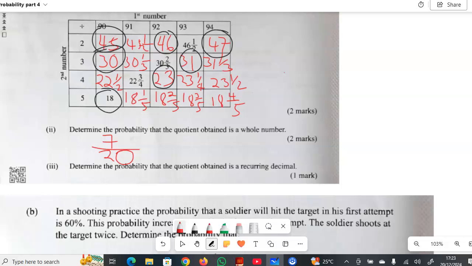Number 1 is the 30 and 1/3. Let me circle it with red. The other cases are 30 and 2/3, and then you have 31 and 1/3. Those are the 3 recurring cases we have. So the probability should be 3 out of 20.